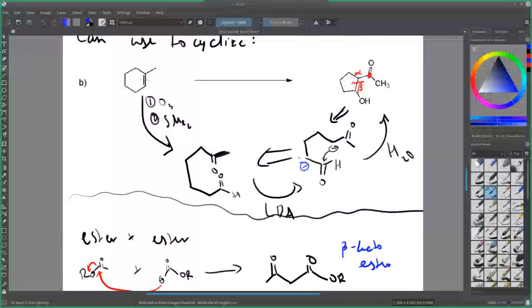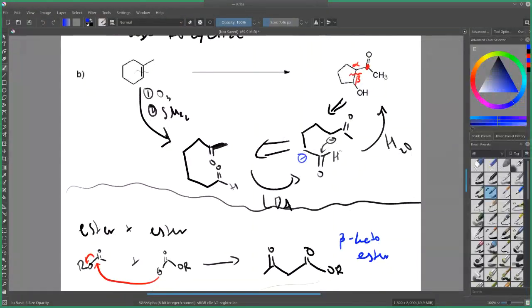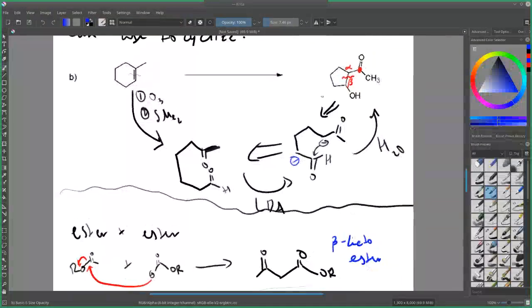I guess you would have to separate them, unless anybody can think of a way to do this so it's selective. But I think you just have to wind up with two products. There's not much of a way to avoid it in this case. I think. Yeah.